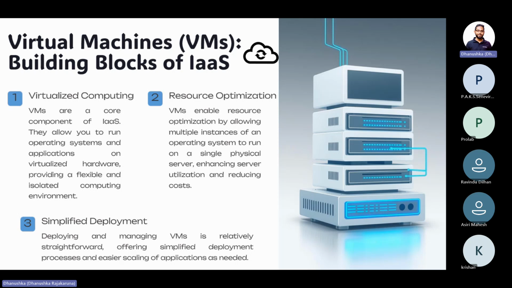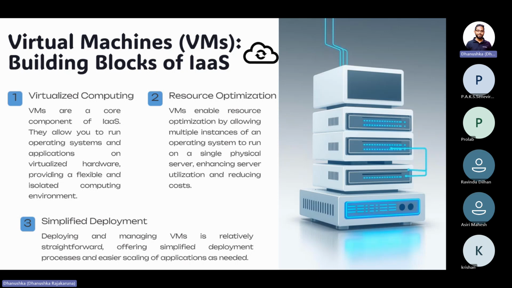Okay. So the benefits of virtual machines are resource optimization, simple deployment, and cost saving. Why are we saying cost saving? From one physical machine, we will be creating more machines. So the cost will be allocated to one physical machine, but there will be more resources inside that physical machine.